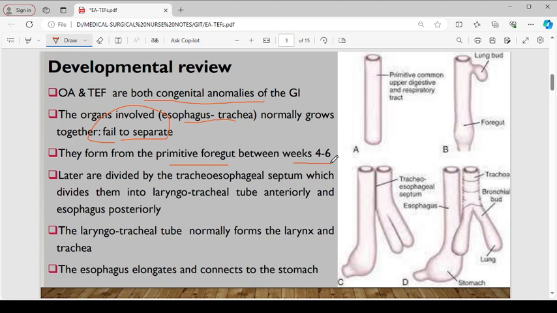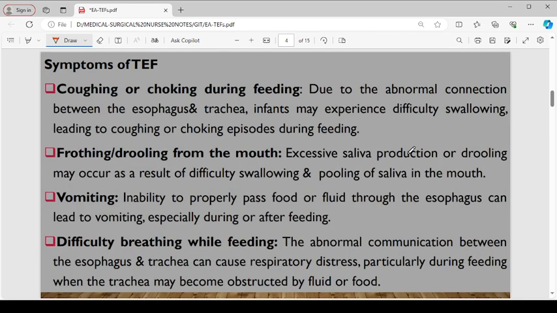Later they are normally divided by the tracheoesophageal septum into the laryngotracheal tube, found anteriorly, and the esophagus, found posteriorly. In due course, the laryngotracheal tube forms the larynx and the trachea, while the esophagus elongates so that it can connect to the stomach. But in this disorder, this fails to happen.